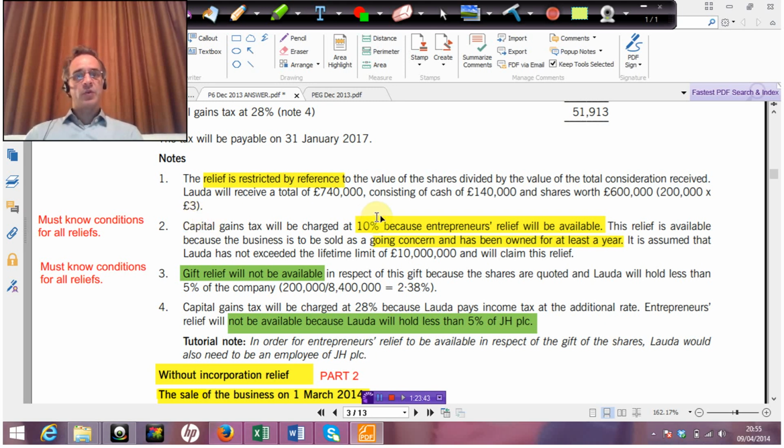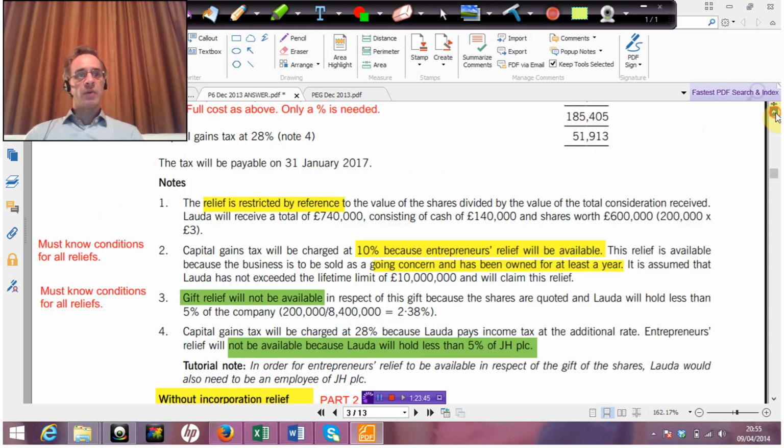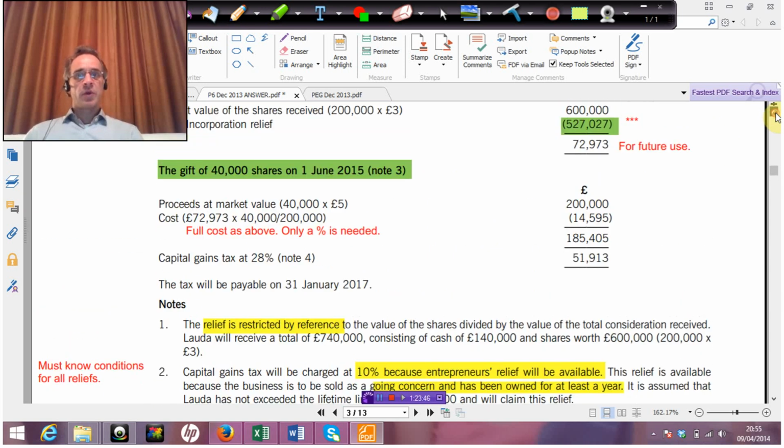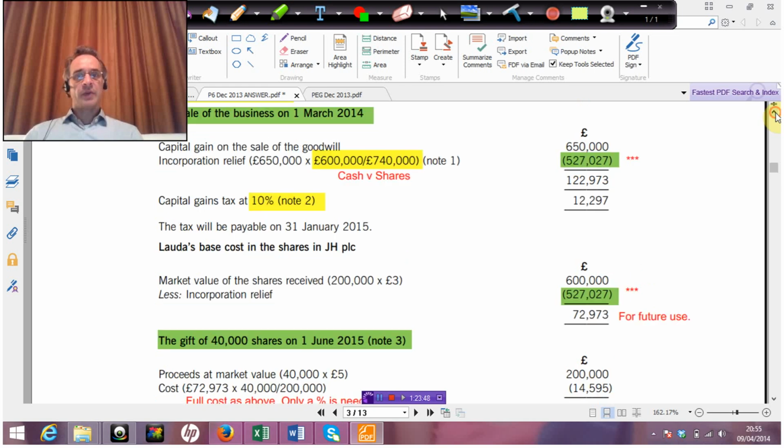Okay. So when we move up to the incorporation relief element, we know that we have a total consideration of 740 from JH, but of that, only 600 is in the form of shares. And within this area of incorporation relief, we need to be aware that where cash is being provided, that element is in effect chargeable.